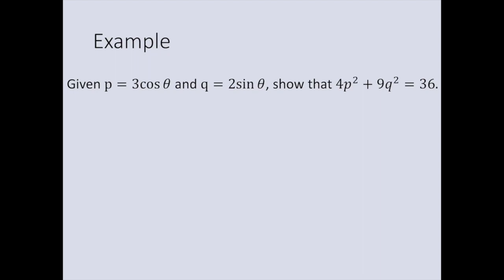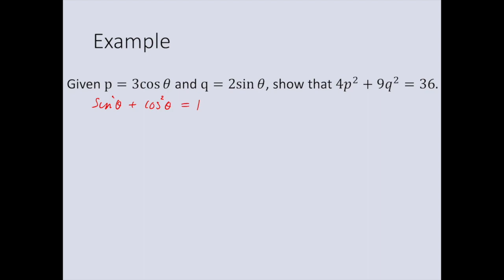It's always worth just having a bit of a spirit of trial and error. Try something, see if it works, and if it doesn't, scrap it and try again with another plan. So here we go. Sine squared theta plus cos squared theta equals 1. So p equals 3 cos theta. We could write cos theta as p over 3 then, couldn't we?